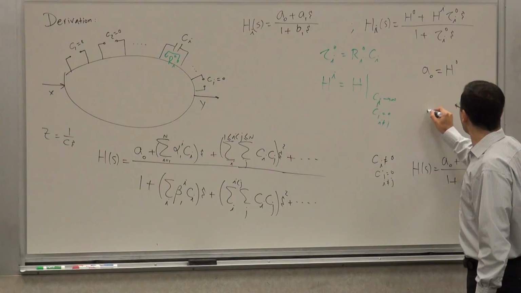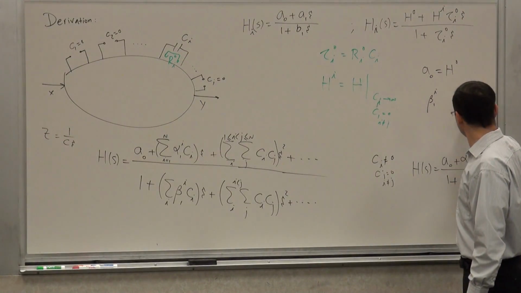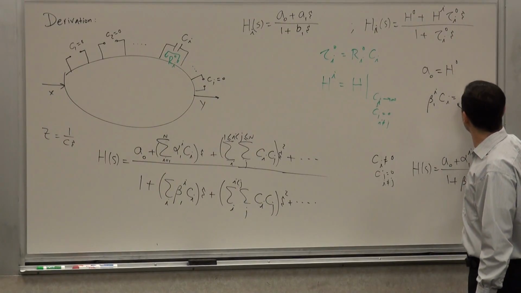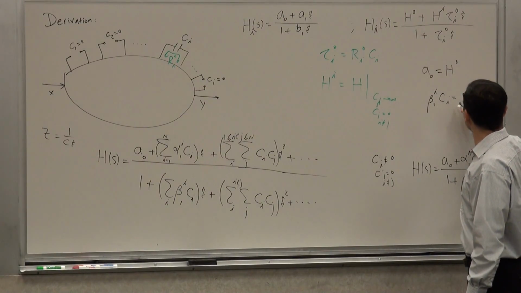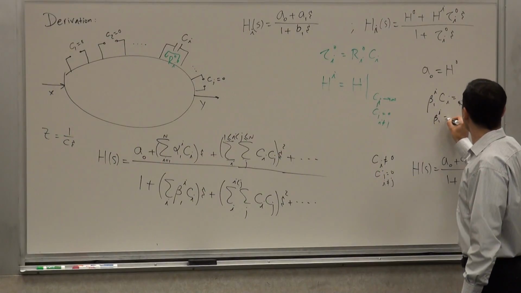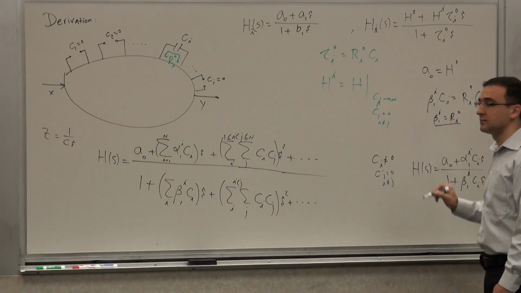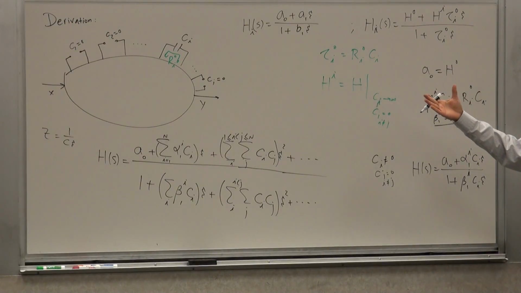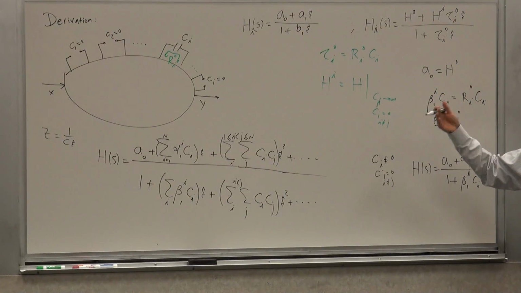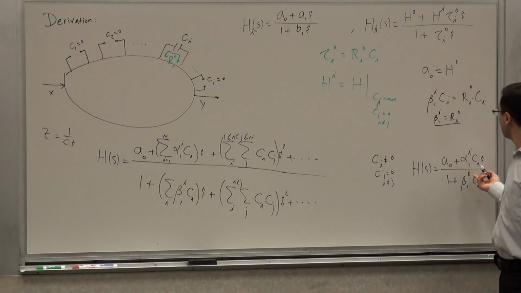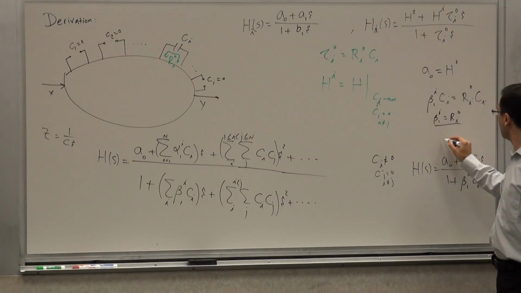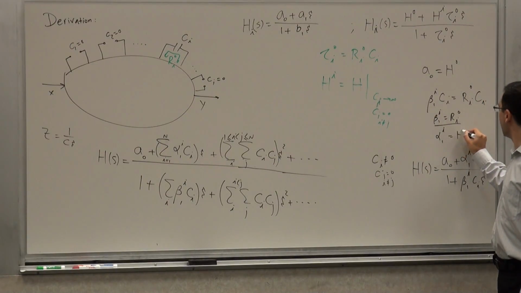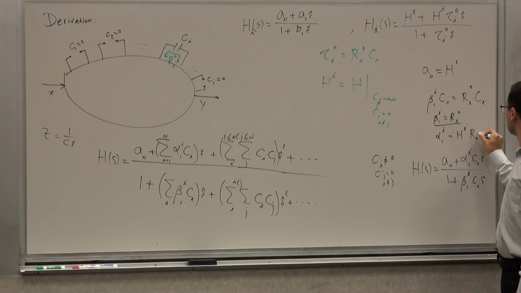Beta 1i Ci has to be equal to tau i, which is Ri0 Ci. So therefore beta 1i is Ri0 for this reduced system, when I set the value of all the capacitors to 0 except for one. And then the same thing from here, you can tell that alpha 1i is basically Hi Ri0.